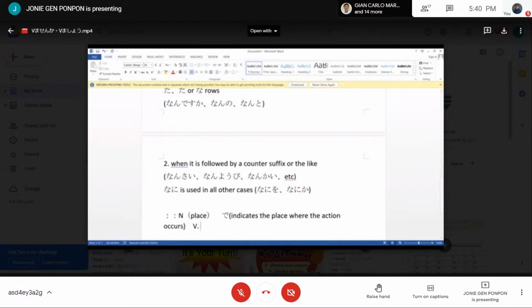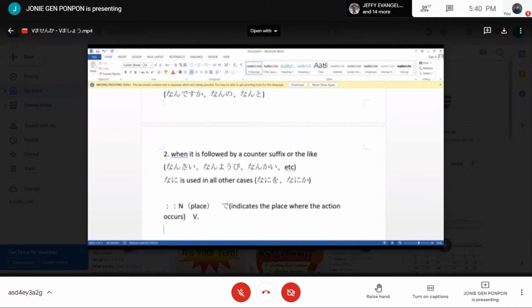So this will mean that verb, or I will do, or I will verb. Okay, so kung sa English siya, it will mean I or subject. Verb, I will verb in place. Okay, so verb in noun, which is a place. Okay, so I will do the verb, I will do the action in the place, in the noun, which is a place. Okay, so it's like parang gano'n.